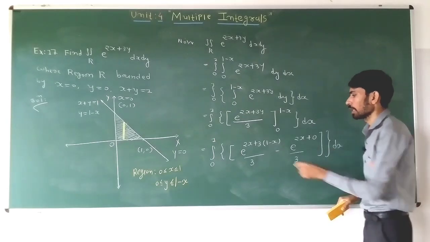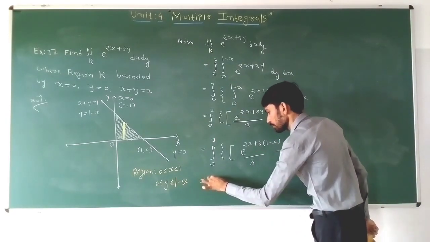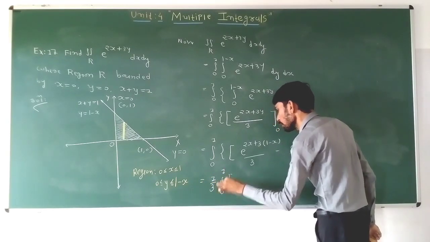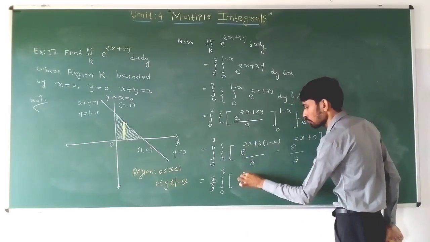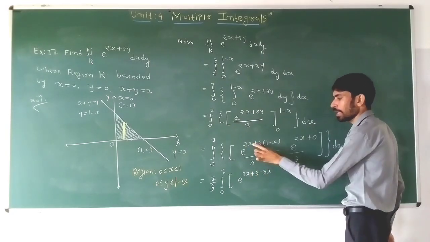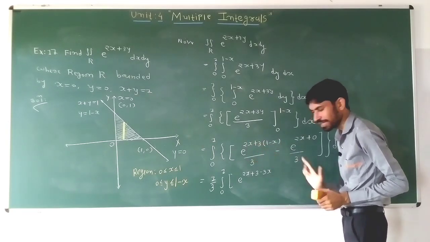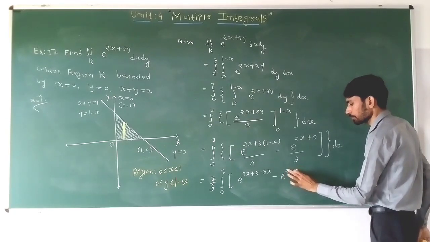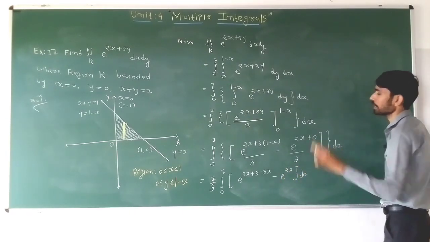Now just simplify. Now see, 1 upon 3 is the constant outside. Integration 0 to 1, e raised to 2x. Here we just simplify: e raised to 2x plus 3 minus 3x. After simplification the power will be 2x plus 3 minus 3x, minus e raised to 2x as it is, into dx.